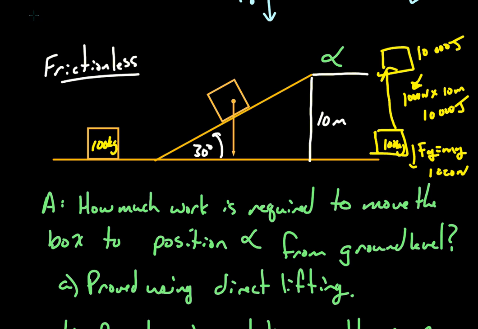There's a normal force in this direction, okay? And then there's a force parallel to the ramp in this direction, okay? We also learned that this angle theta here is equal to 30, right? It's equal to this value here. They're the same angle. These are similar triangles, I should say.